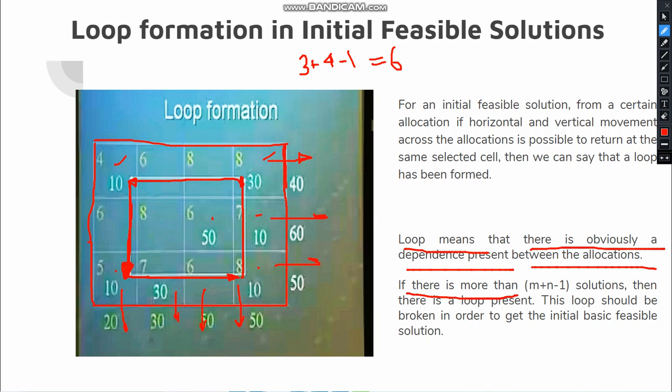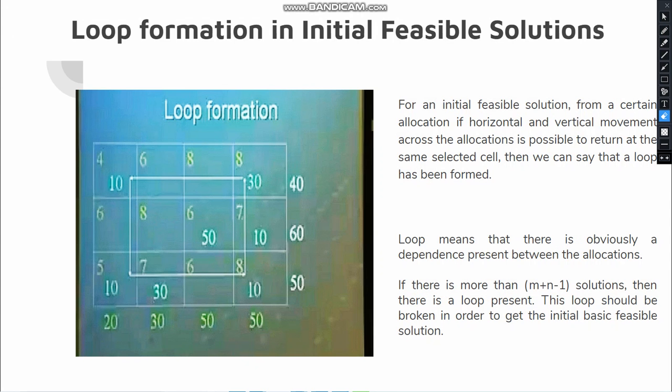If there are more than m plus n minus 1 allocations, then there is a loop present. The loop has to be broken so that we maintain the conditions of the initial basic feasible solution. Okay, so let us see how we can break the loop.